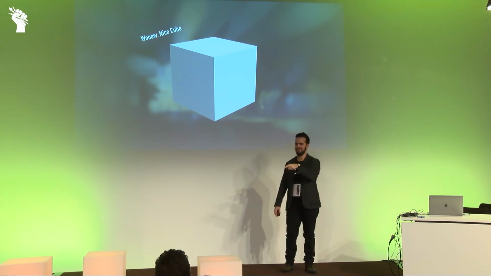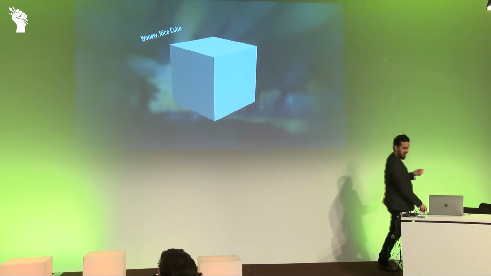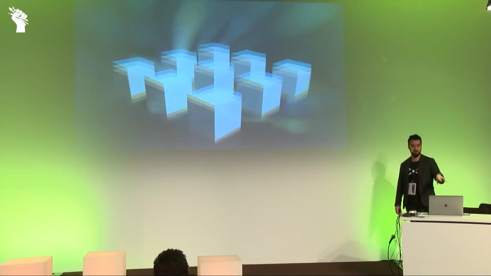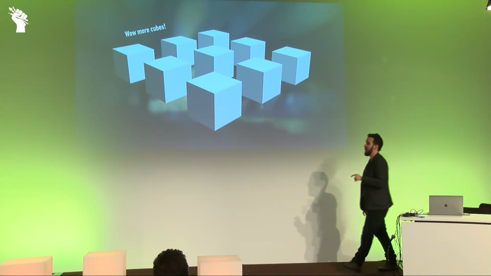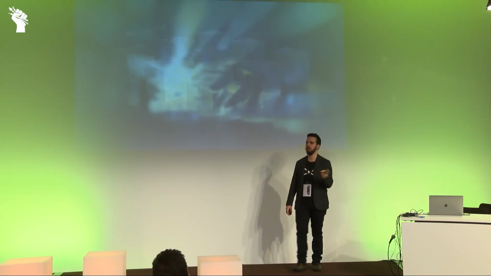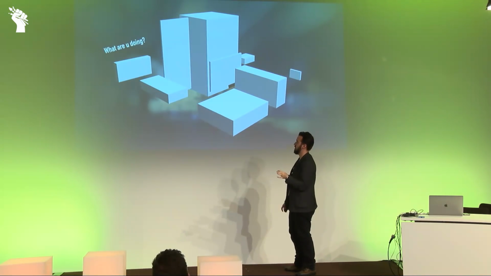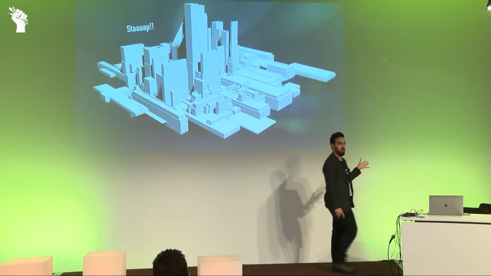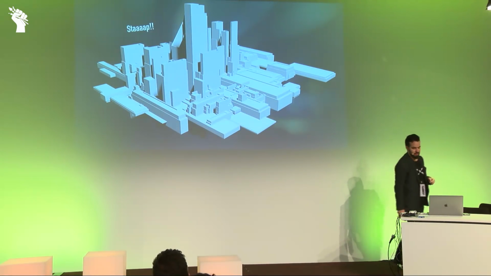That's why I'm Cube Man, right? And from this cube, with Mograph, you can generate more cubes. And with a random effector, you can add randomness on those cubes. And after that, you can go crazy and do stuff. I'm going to show you later.